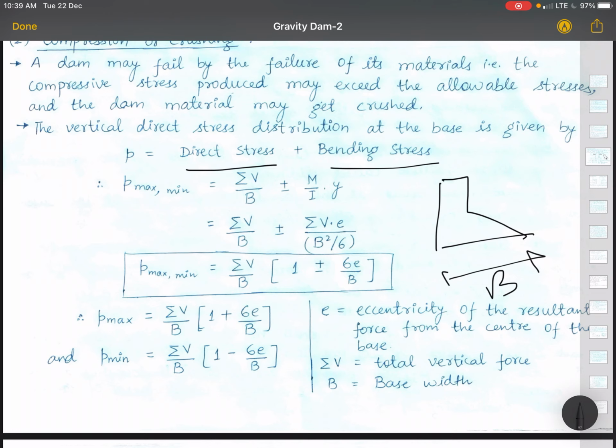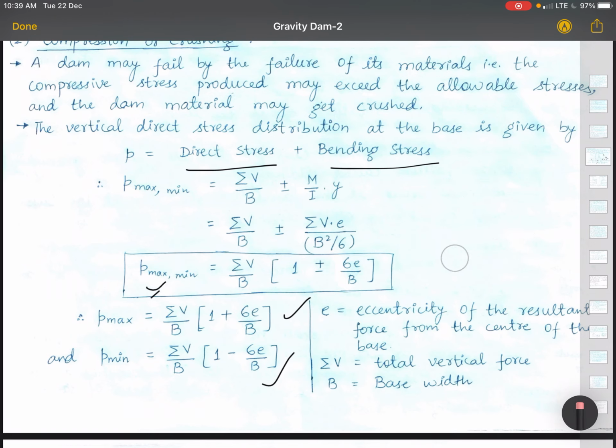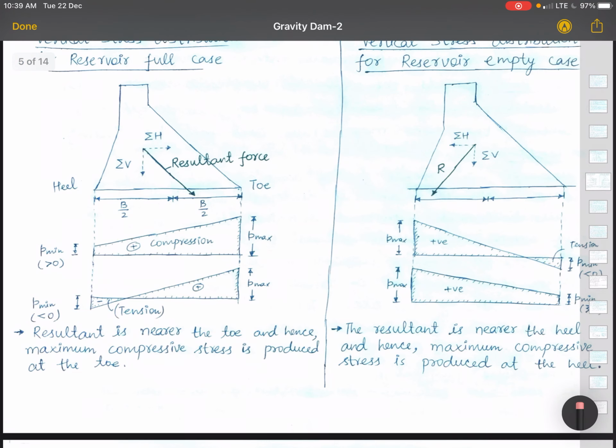Putting in the values, you finally get summation V by B multiplied by 1 plus or minus 6e by B. If we take the plus sign, it gives the maximum value. If we take the minus sign, it gives the minimum value. These are the maximum and minimum stresses generated in the dam. What is e? e is the eccentricity due to the unbalanced forces. If the forces are not passing through the centroid, it will generate some kind of moment, and due to that moment some eccentricity will generate.